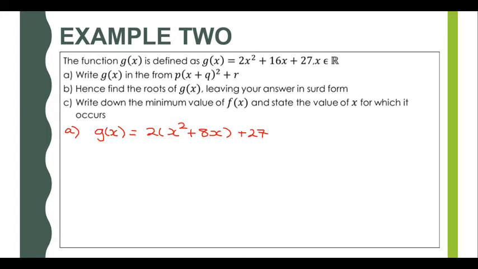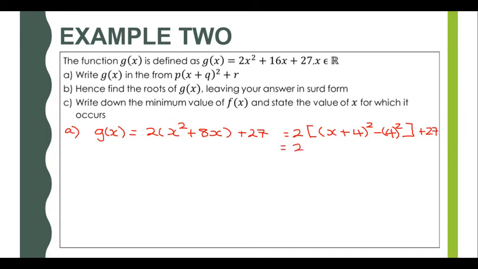And then we can complete the square on our bracket. So we get 2x plus 4 whole squared minus 4 squared plus 27.